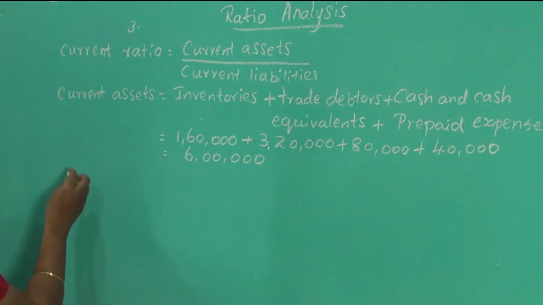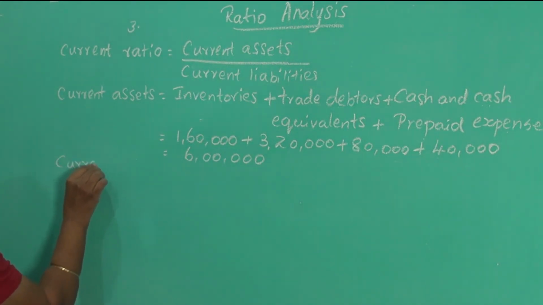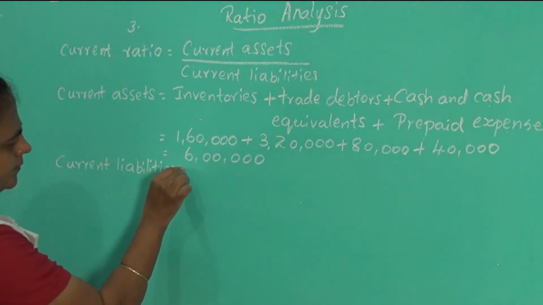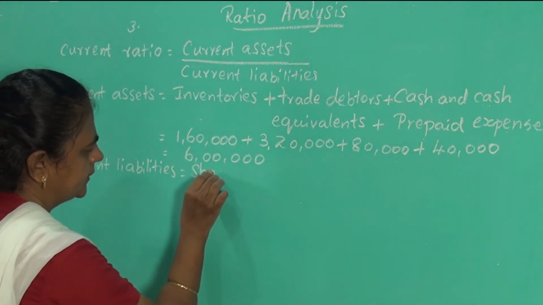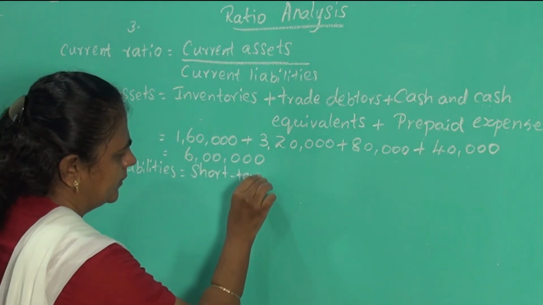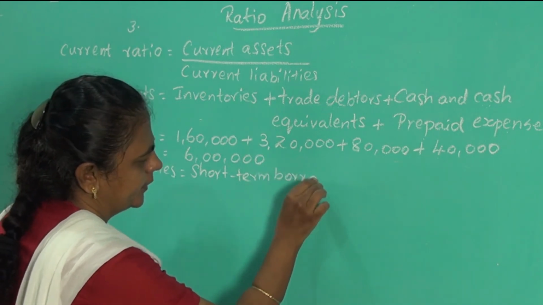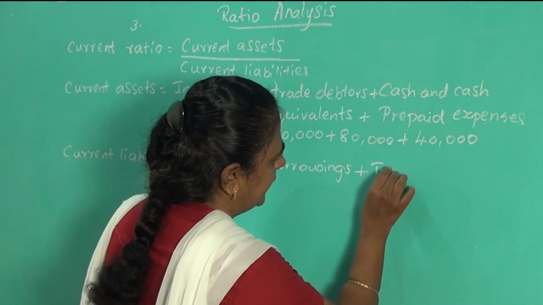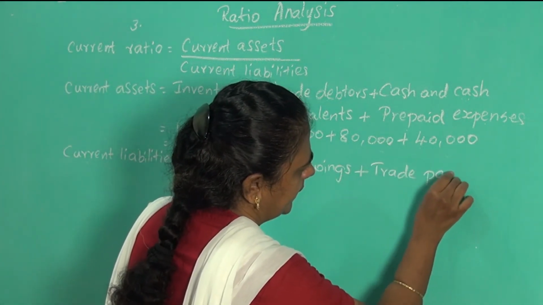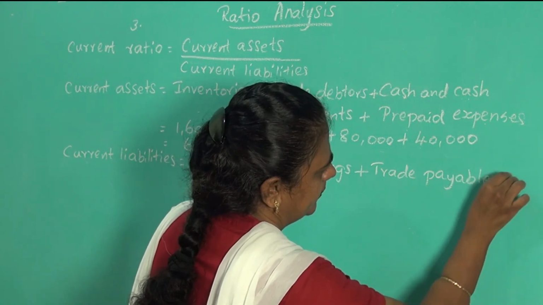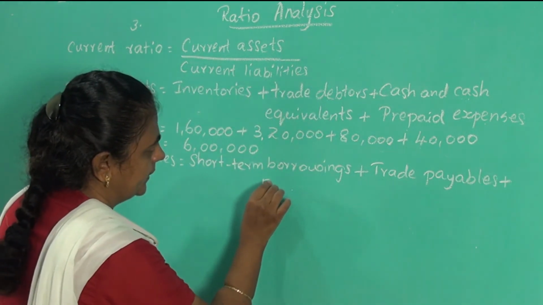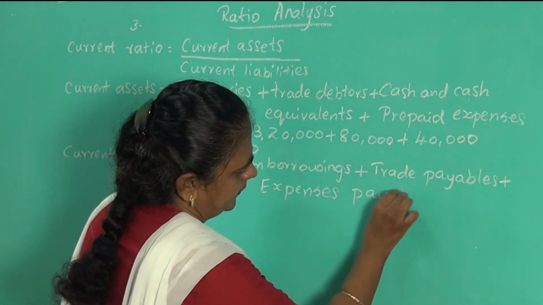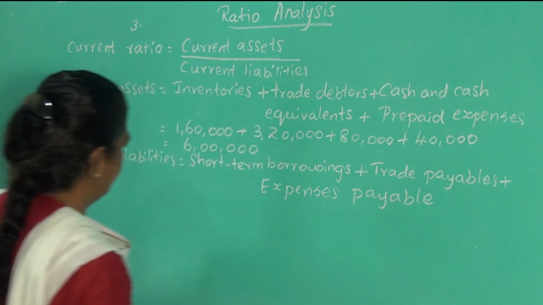Okay. Next, write current liabilities. Current liabilities is equal to short term borrowings plus trade payables plus expenses payable. So all these are current liabilities.